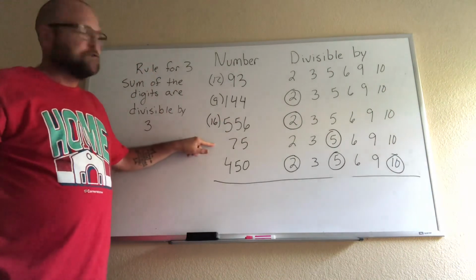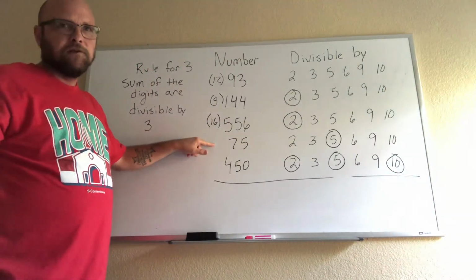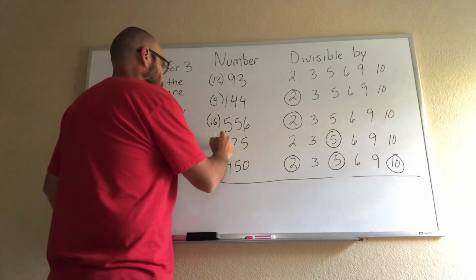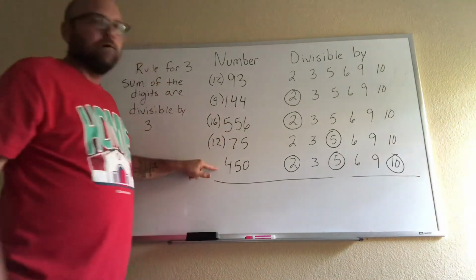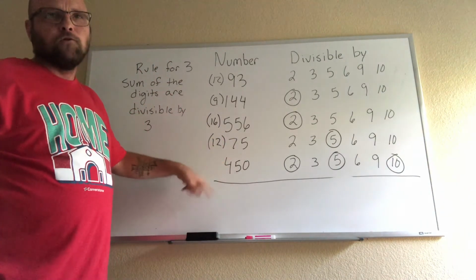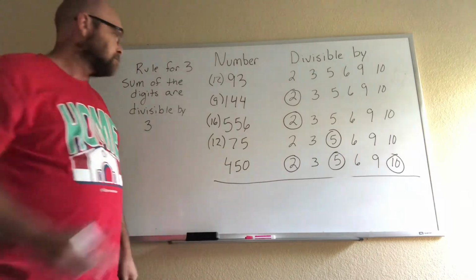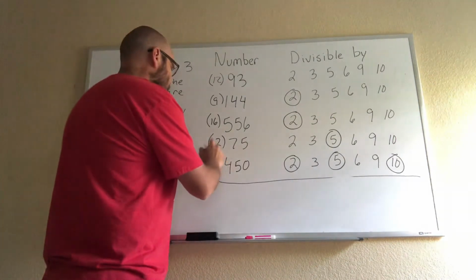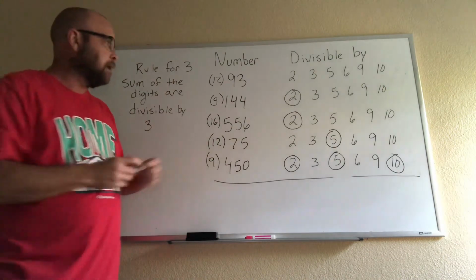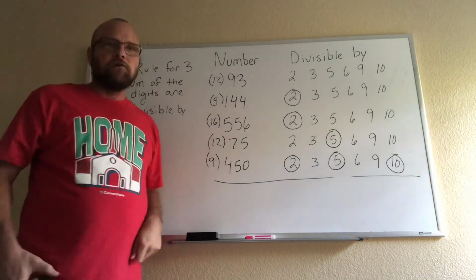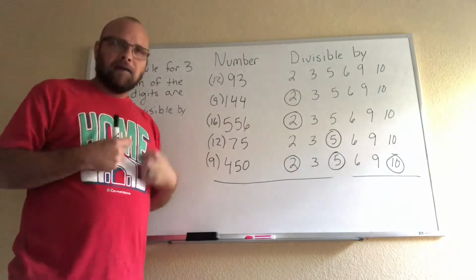When I add the digits for 75, I get 12. And when I add the digits for 450, 4 plus 5 is 9. So the sum of the digits is 9. You're just taking each digit in your whole number, and adding those digits together.